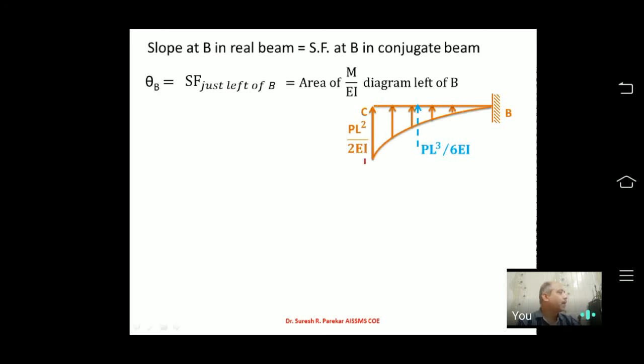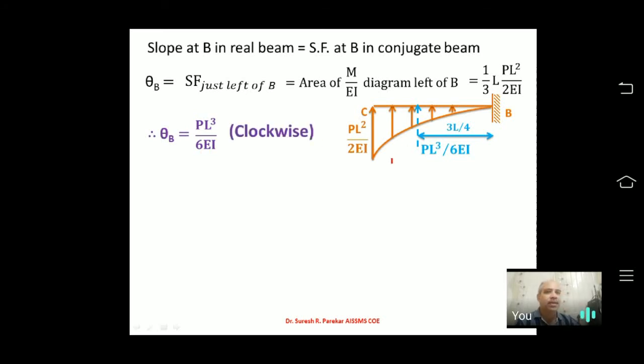So we have 1/3 of PL square upon 2EI, and that gives PL cube upon 6EI. What will be its distance? 3/4 of L from B. Knowing this, I will get theta B: 1/3 L into PL square upon 2EI. So theta B is PL cube upon 6EI as shear force, plus, so it is clockwise.